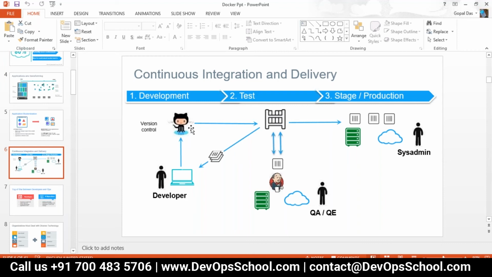So we need an environment. If I make 8 changes in my code, what do I need? Once your code has been tested and quality checked, what do you need for deployment? A server, right?